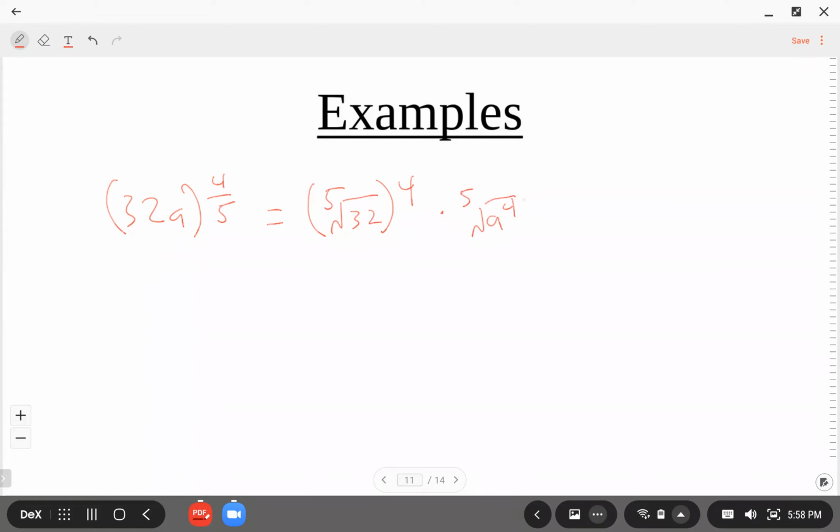So that is going to be, and 32 to the 5th power is going to be 2, and 2 to the 4th power is going to be 16. 16 times this. Okay, that's basically a to the 4th to the 5th root.